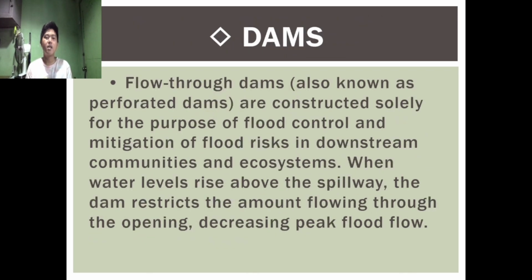So, dams. Flow-through dams, also known as perforated dams, are constructed solely for the purpose of flood control and mitigation of flood risk in downstream communities and ecosystems. When water levels rise above the spillway, the dam restricts the amount flowing through the opening, decreasing peak flood flow.